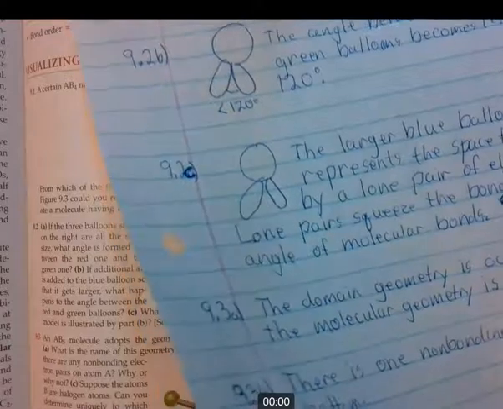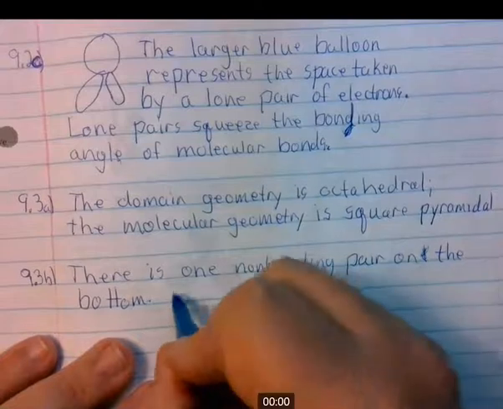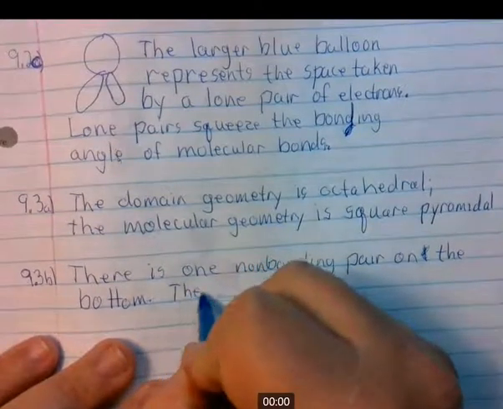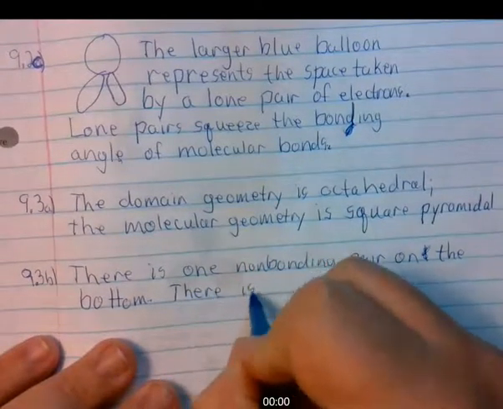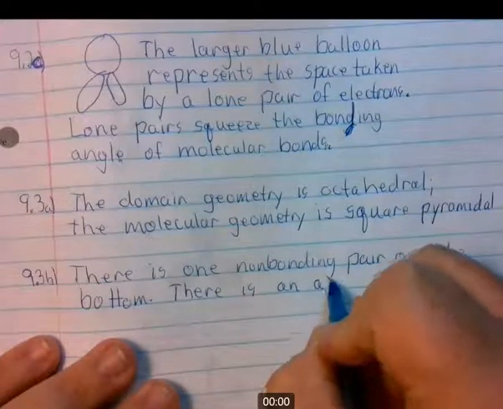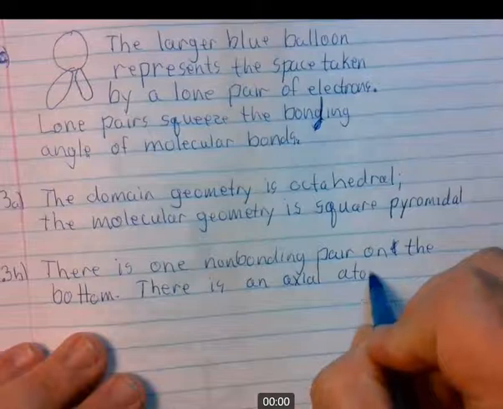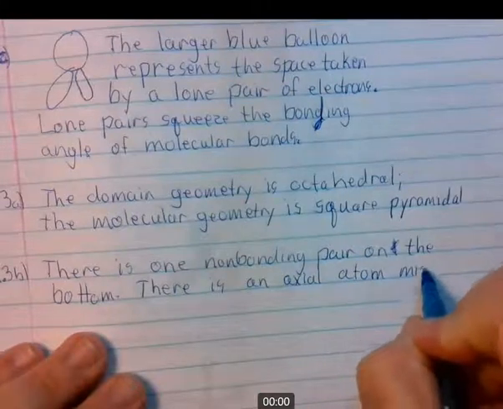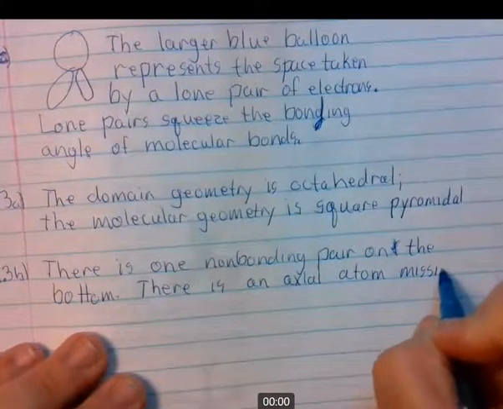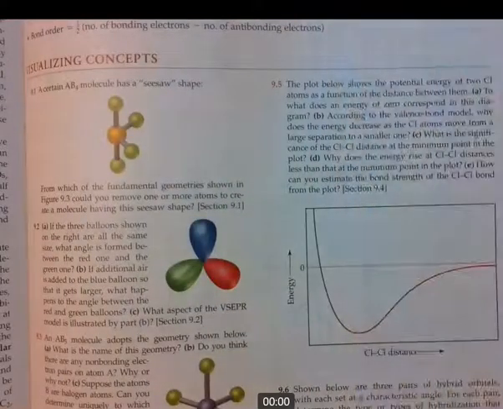So that would be why or why not is part of 2B. So there is an axial atom missing. Okay, so that's the why or why not.